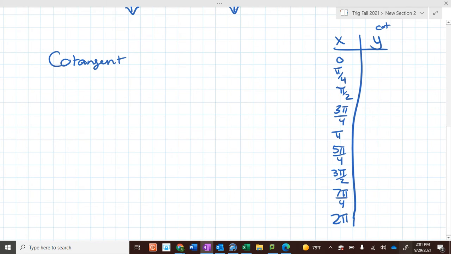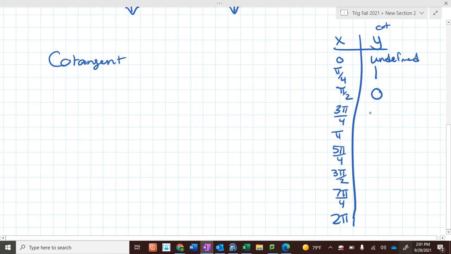At 0, cosine is 1, sine is 0. What's 1 divided by 0? Undefined. Pi over 4. 1. Pi over 2. Because it's 0 over 1, which is 0.